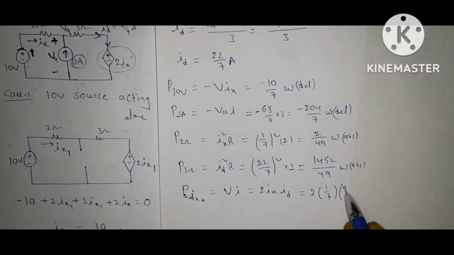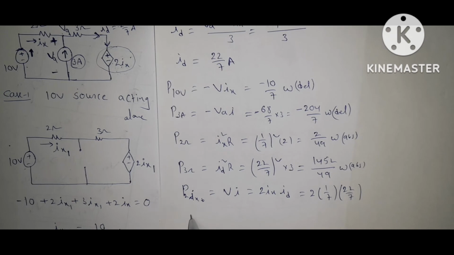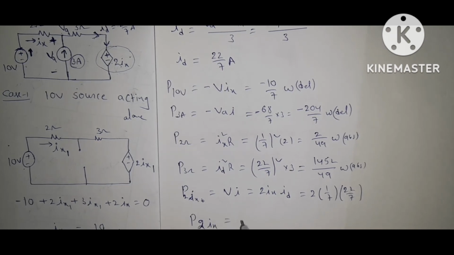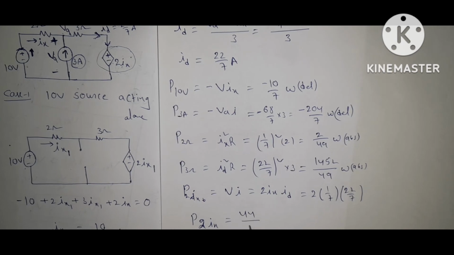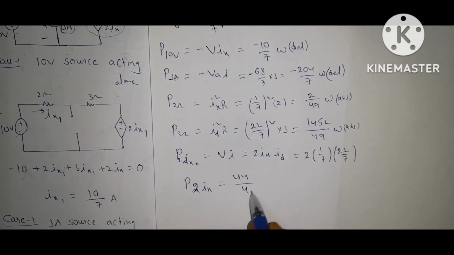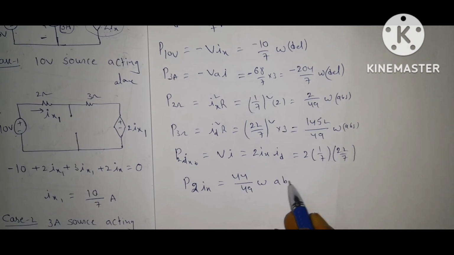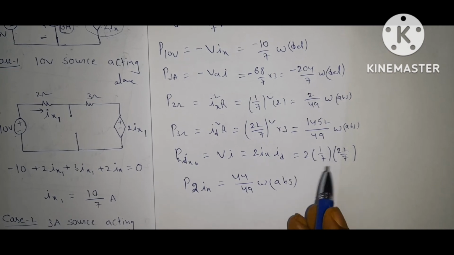So what are you getting? 22 by 7. If you solve this, you will get 44 by 49 watts. The dependent source is absorbing the power.